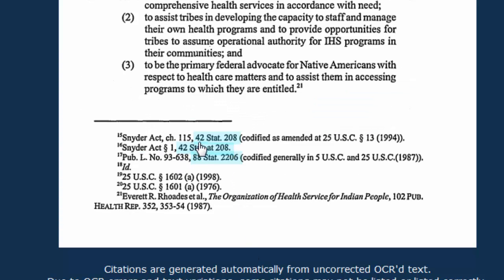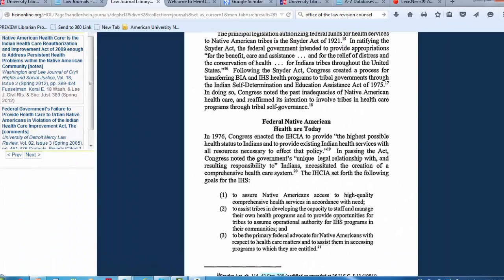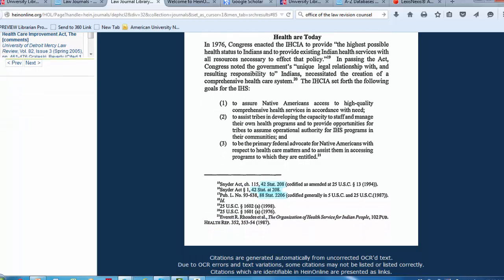Remember, we talked a little bit about this citation for a statute. Here's citations to the U.S. Code. So not only is it a great narrative providing context for and explanations of various parts of this law, but it also will send you to the appropriate laws and court cases.